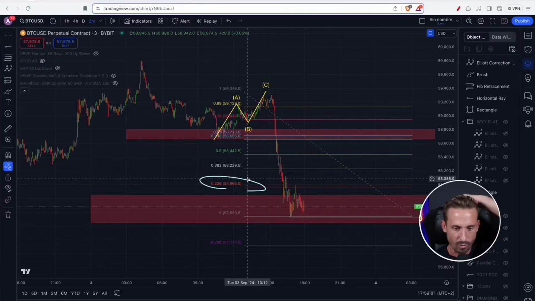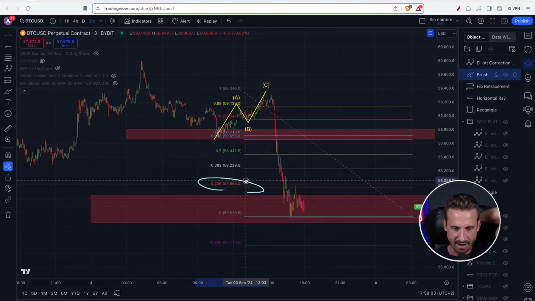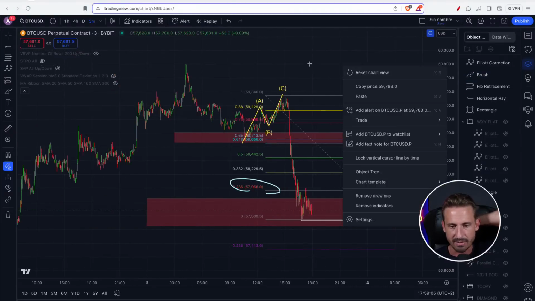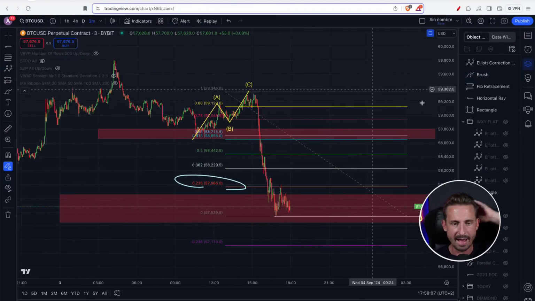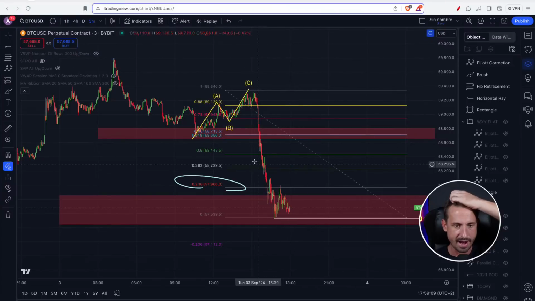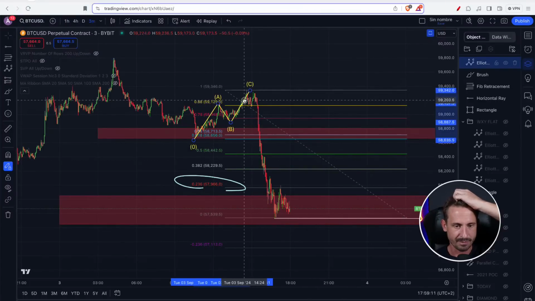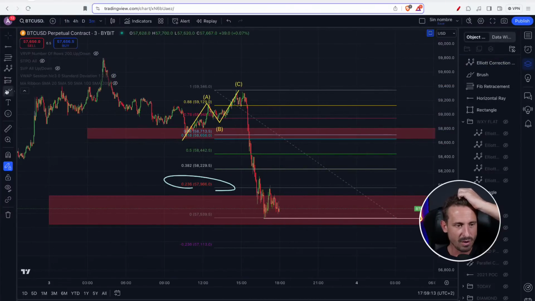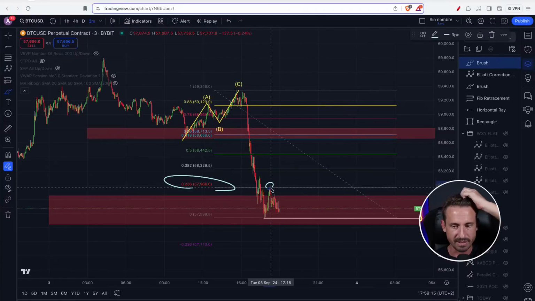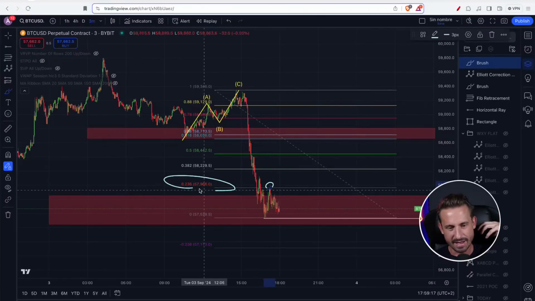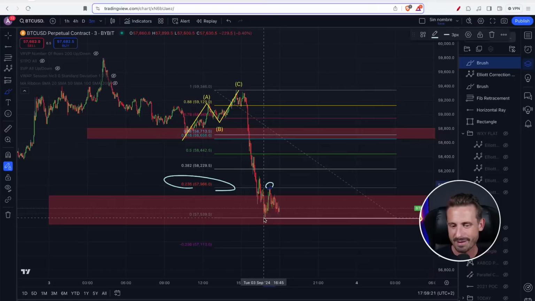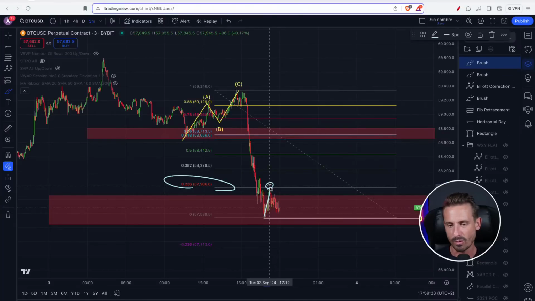So what we're looking at right now, this is very shallow in time compared to the second wave. So if this were to be the fourth wave already hitting the 236 Fibonacci, it's the minimum requirement for a fourth wave, but the timing has been too fast. We've only just come all the way up there to that level.